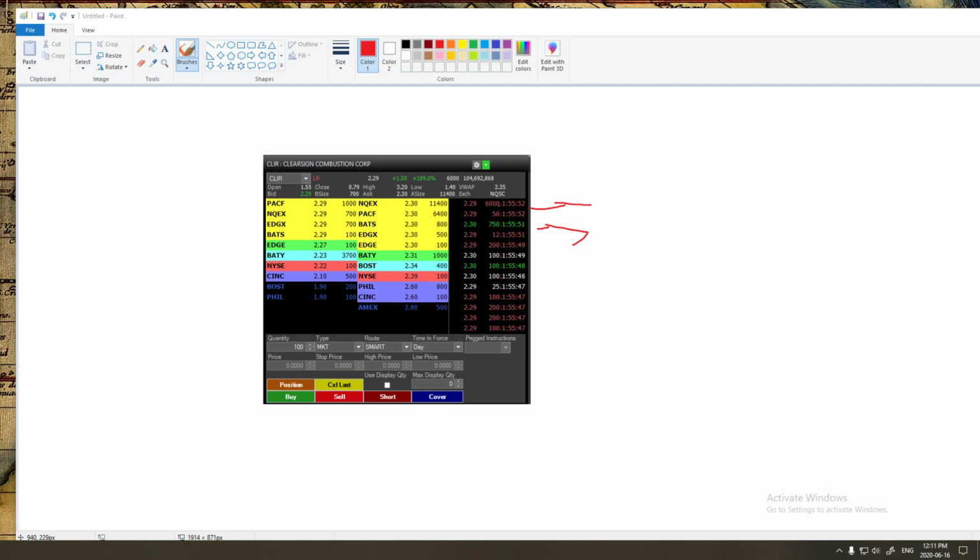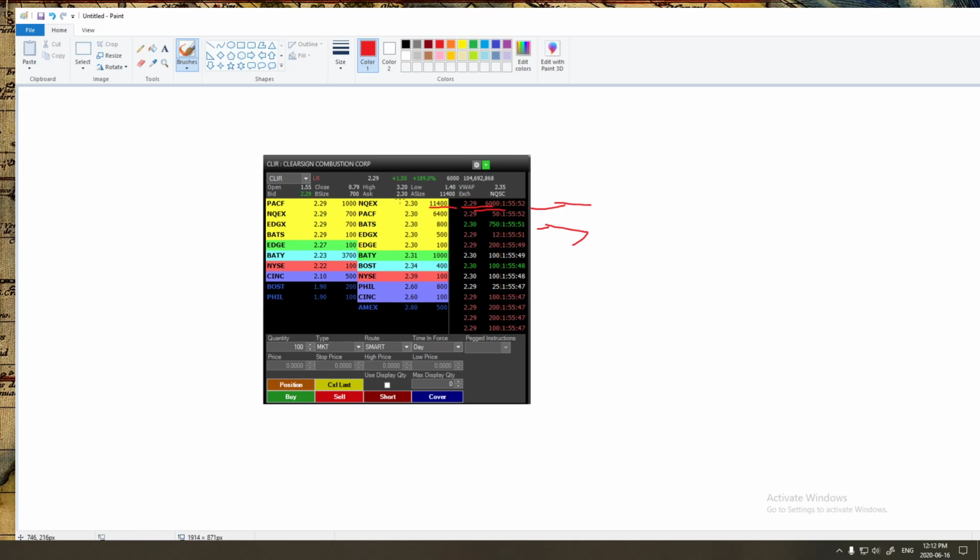Sometimes I look at the colors. If you see a lot of reds, that means there are a lot of people hitting the bid. But a lot of times, a tip for you, is just look at the colors on the bid and the ask here. If you see, in this case, a lot of yellow at 230 with big numbers like 11,000, and on the time and sales there's also 6,000 sold at 229, that's sometimes an indicator that this thing wants to go down, or you are hitting a resistance.